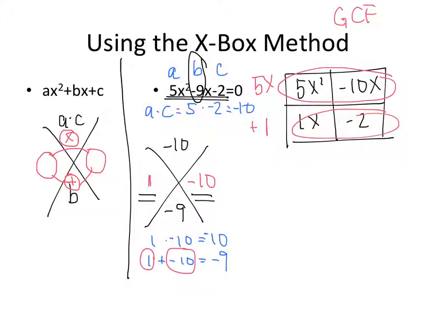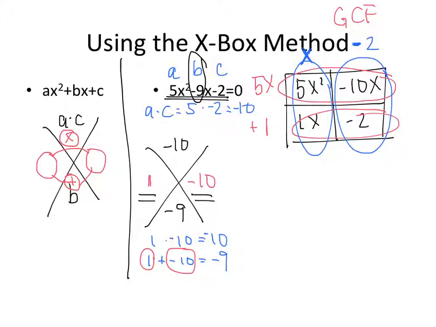Now I'm going to look at my verticals. When I look at my 5x squared and my 1x, I see that they have x in common because 1 and 5 only have 1 in common. And then when I look at my negative 10 and negative 2, I see that there's that negative in common. And the common factor of 2 and 10 is 2.